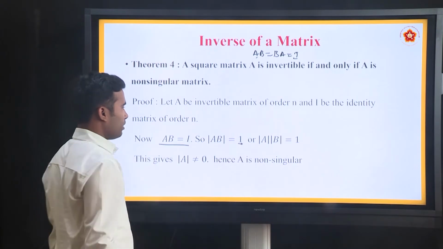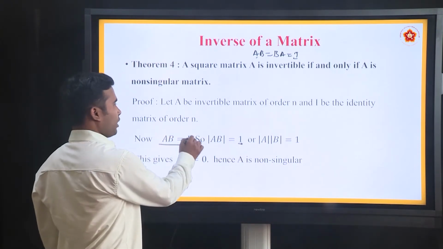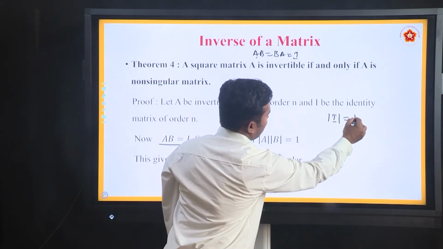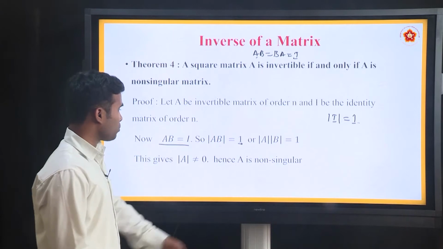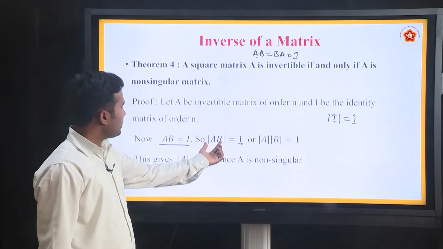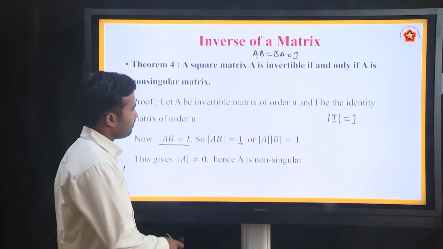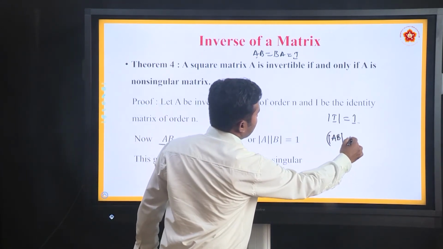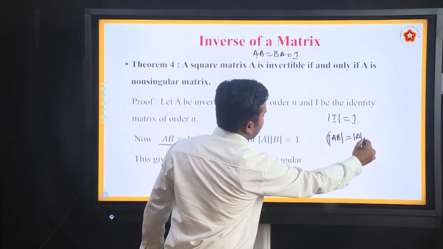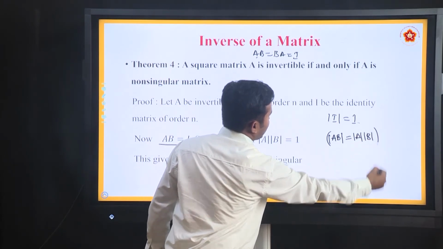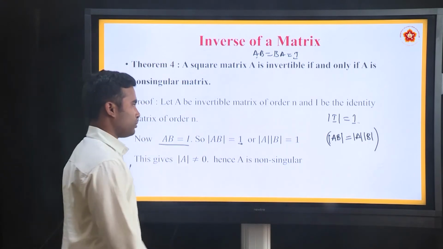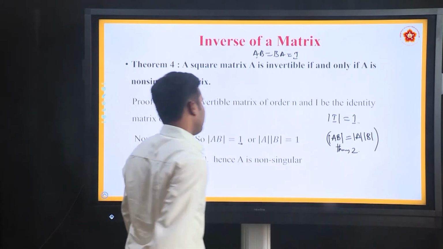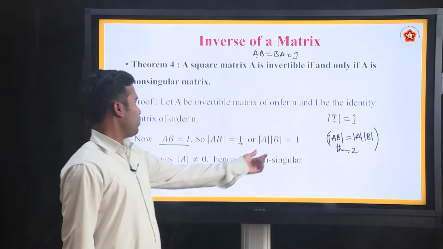How is this 1? Because if you take determinant on both sides, determinant of matrix I is 1. That is what we have written here. And determinant of AB is equal to determinant A into determinant B from theorem 2, which we just stated, and that is equal to 1.